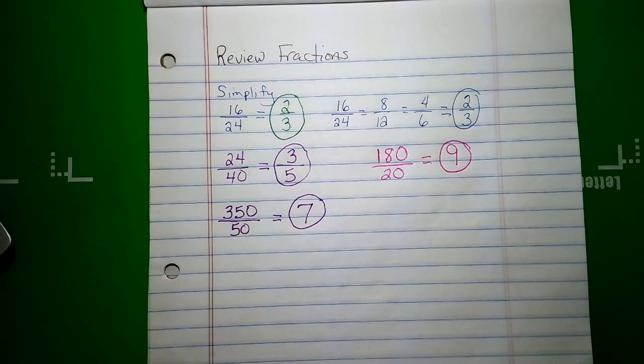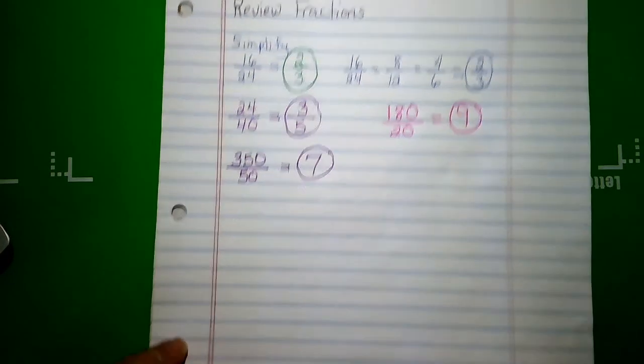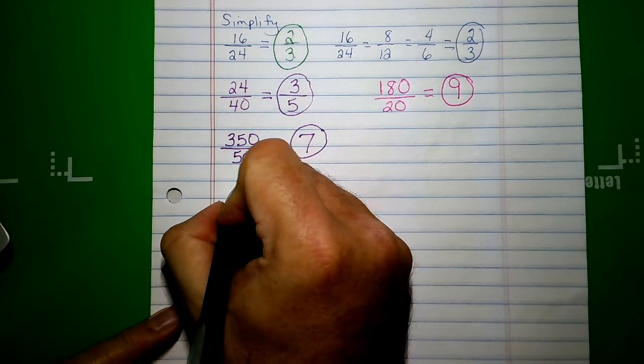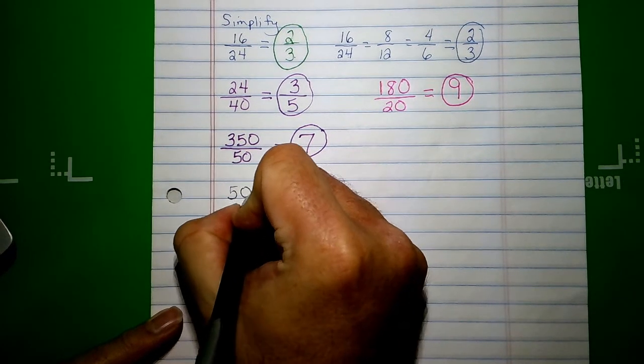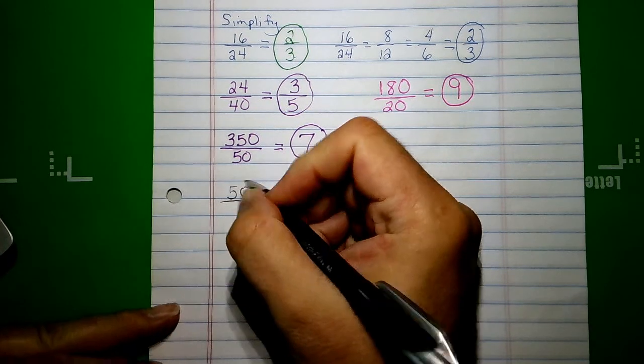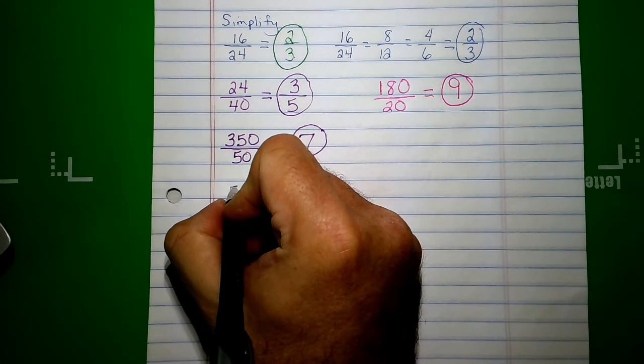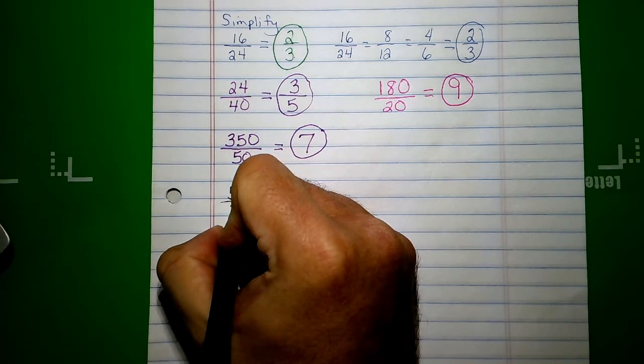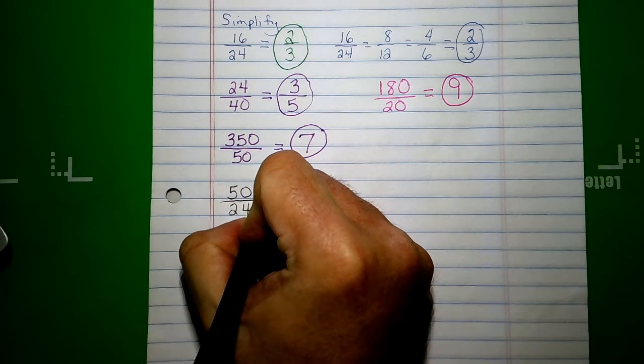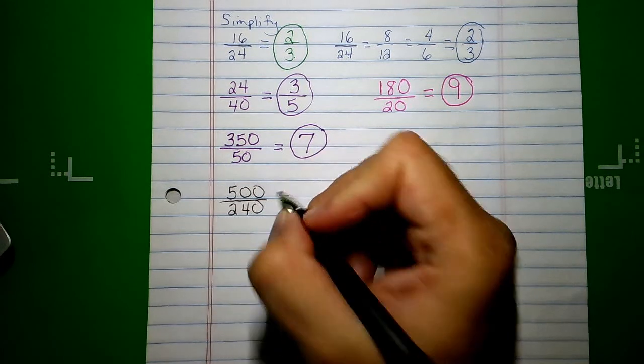Let's do one with some bigger numbers. How about this one? Let's try to reduce 500 over 240. Well, you know what?